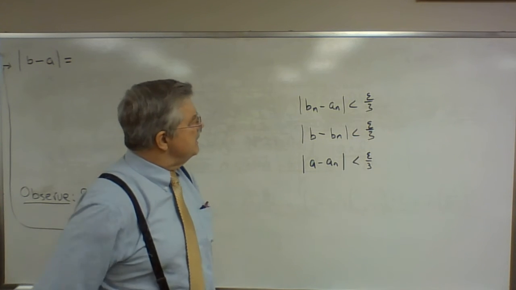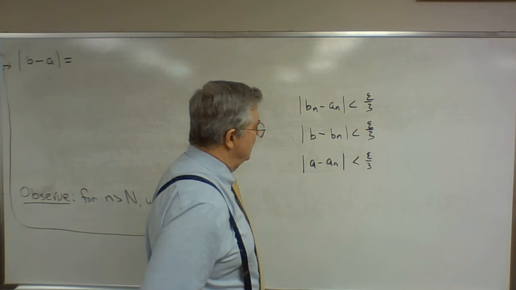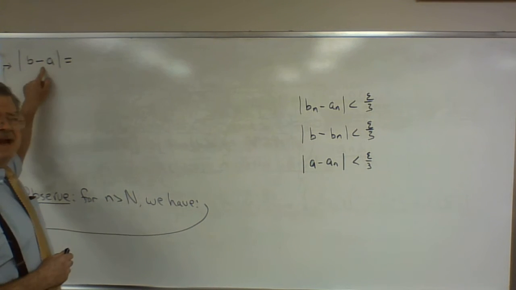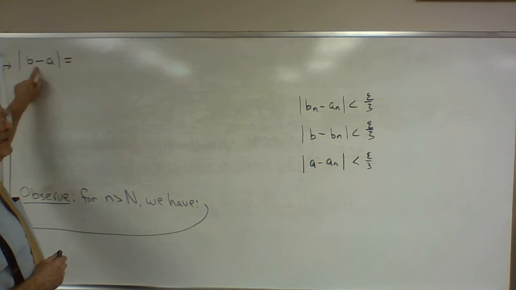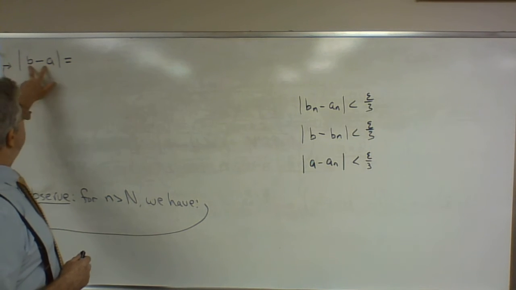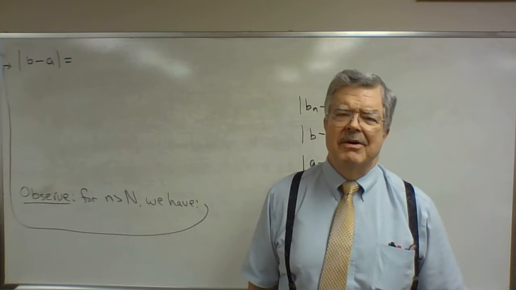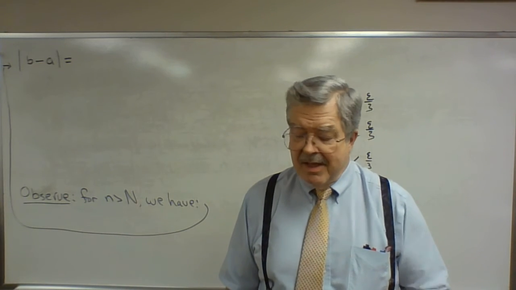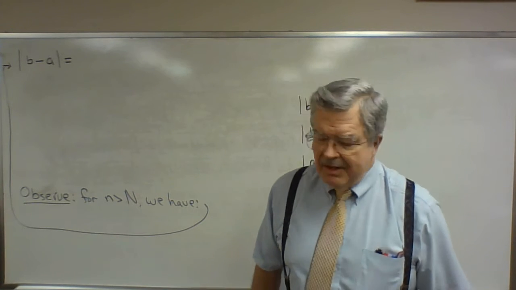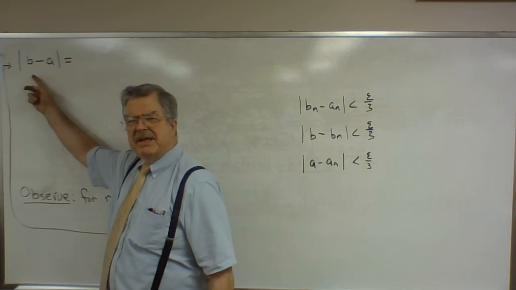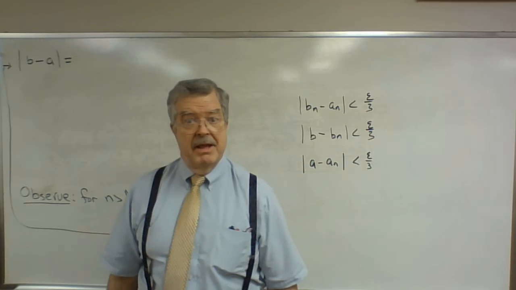And I don't really know how they relate to one another. It would be nice if I could get an a sub n in here or a b sub n in here so that I could at least relate a and b to something that I know something about. So how on earth am I going to get an a sub n in here or a b sub n in here? Or maybe both.